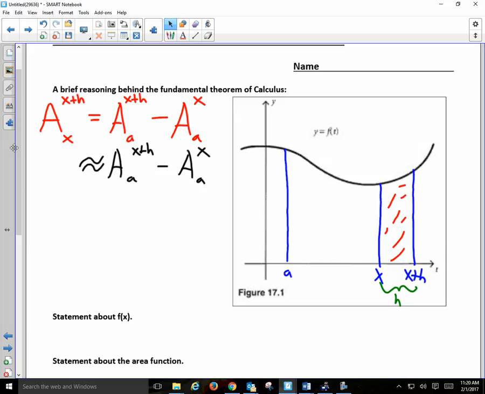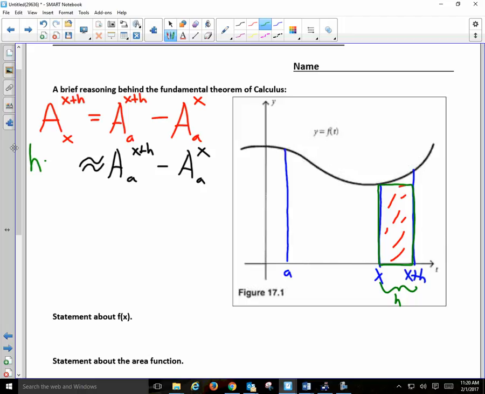What we've been doing in order to approximate area is drawing rectangles, correct? So this area could be approximated by the green rectangle. Fair enough? All right. So in order to find the area of that rectangle, I will take the width, which is H, times, at what point do I evaluate the height of that rectangle?